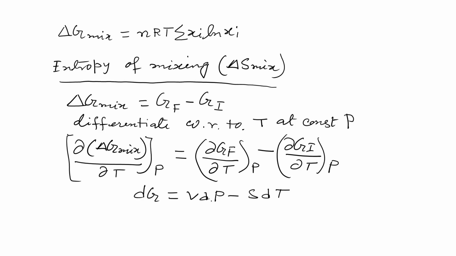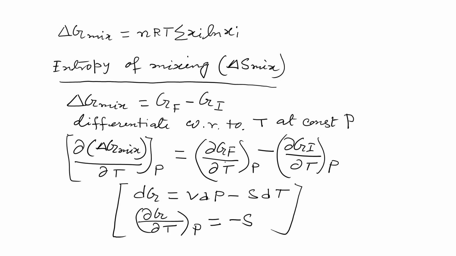If we differentiate this equation with respect to temperature at constant pressure, dol G by dol T at constant pressure equals minus S, since the VdP term is constant. So dol Gf by dol T at constant pressure is minus S final, and similarly for the initial state minus S initial.